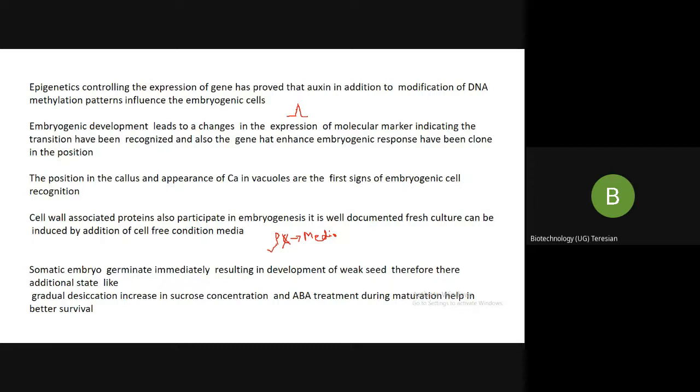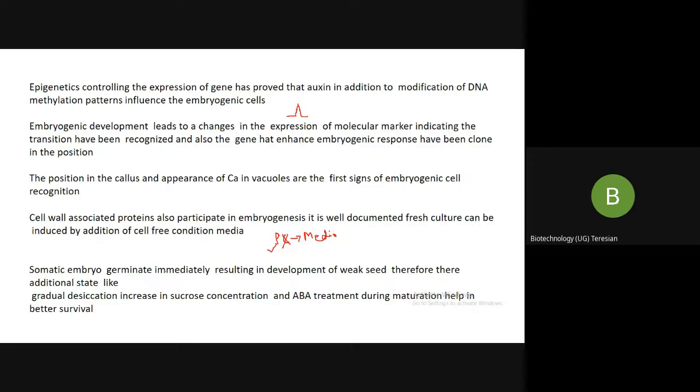So this is called a cell-free conditioned media. This media is not having cells, but it is having the proteins. So it can grow well in such type of media. That is the meaning of this. Cell wall associated proteins also participate in embryogenesis, and it can grow well in the presence of the cell-free conditioned media.